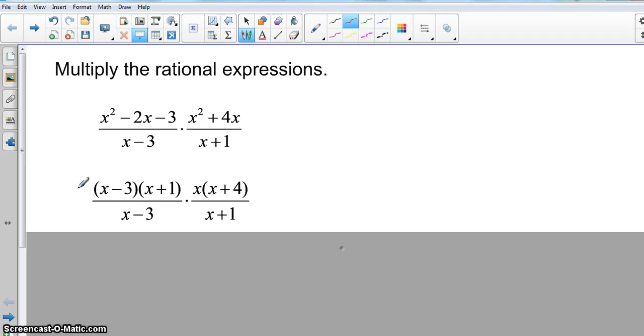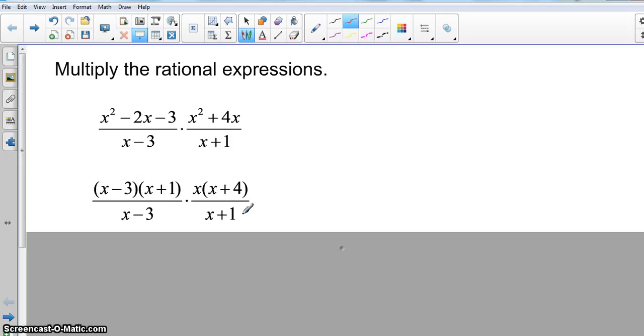The denominator of my first fraction cannot be factored at all, so I'm going to leave that the same. The numerator of my second fraction can be factored out of it with the GCF of x. So I'm going to get x times x plus 4. And then the denominator of my second fraction cannot be factored at all. So step 1 is done.